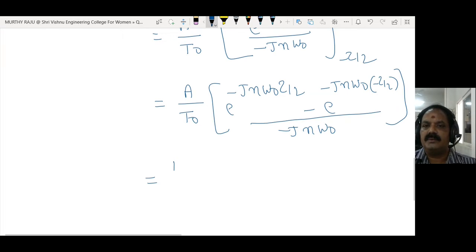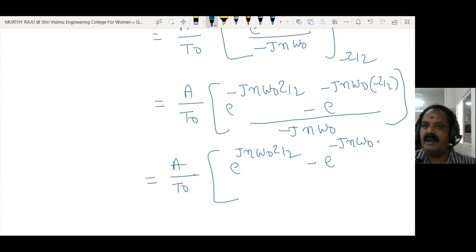Here the minus sign: minus into minus into minus is plus. Bring this to this side. This term, minus into minus, is plus j n omega naught tau by 2, minus e power minus j n omega naught tau by 2, divided by j.